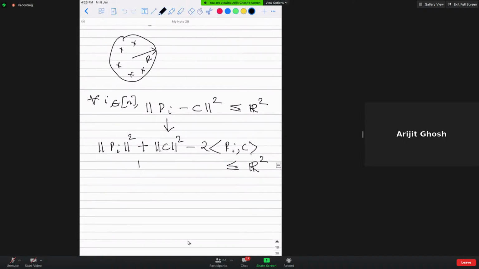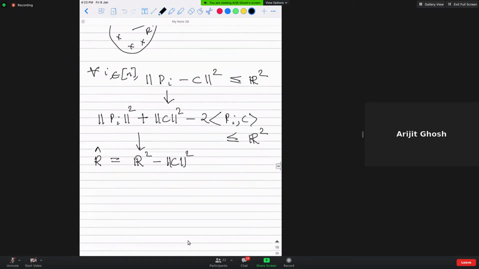Good. So let's rewrite it slightly more. Let me write R hat to be R^2 minus ||c||^2. So what do we get as an equation?